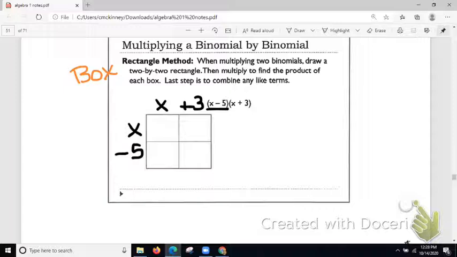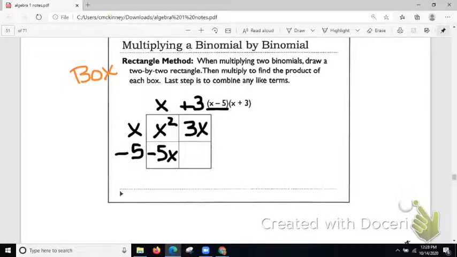Now, I look, x times x, so if I'm in this box, I'm doing this times this. Kind of like reading a multiplication chart, right? So x times x, that's x squared. And it doesn't matter which order you do these in, as long as you put them in the right boxes. So I can do x times negative 5, or I could have done 3 times x next, or x times 3.